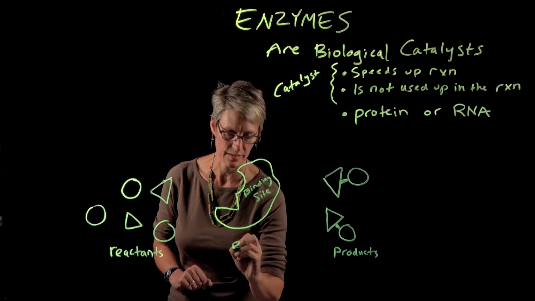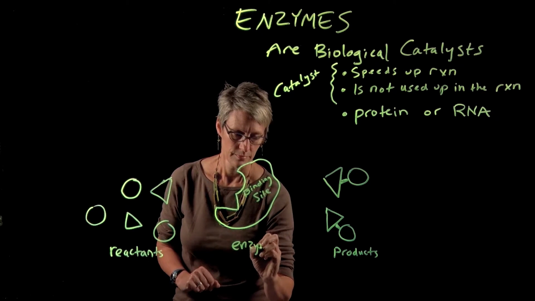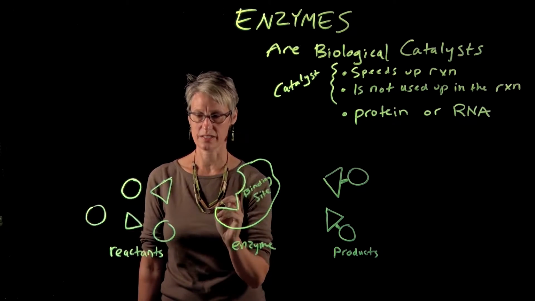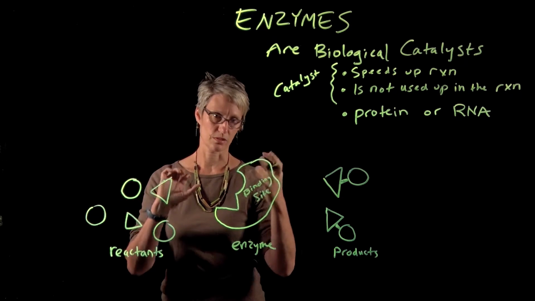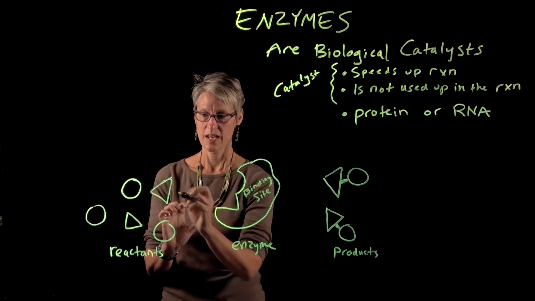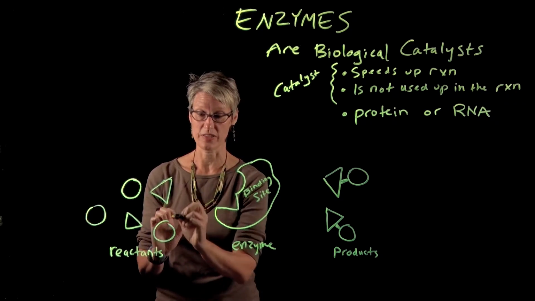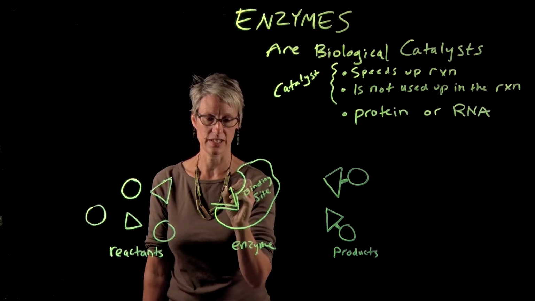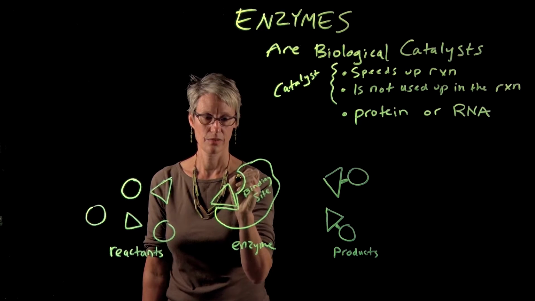So here's our enzyme. And what happens is, all along this binding site are residues or chemical surfaces that bind really, really nicely with these two reactants. And so this triangle binds quite easily in this pocket here. Oh, I didn't draw this quite right.